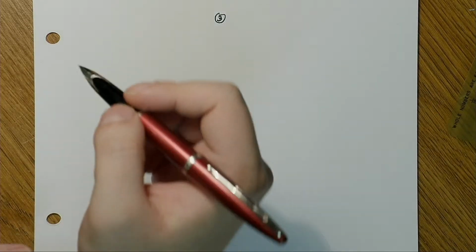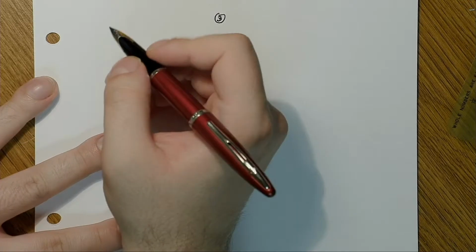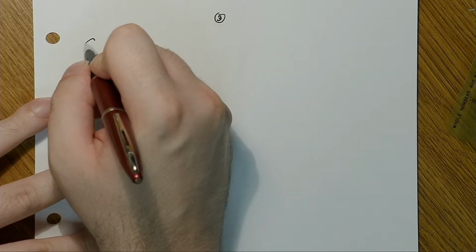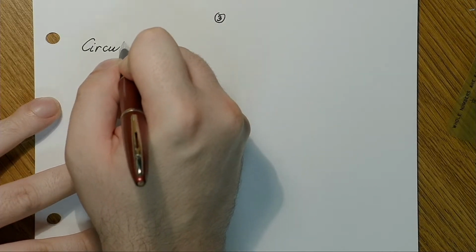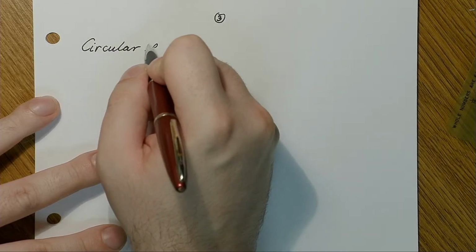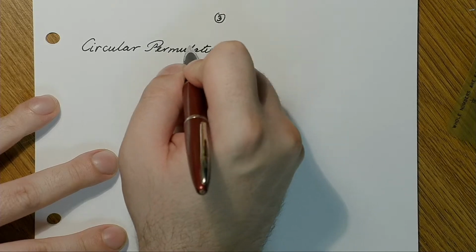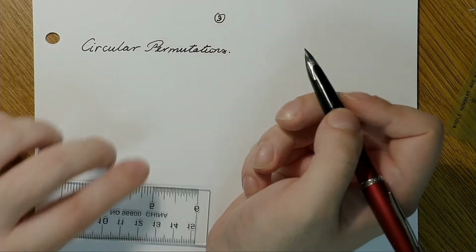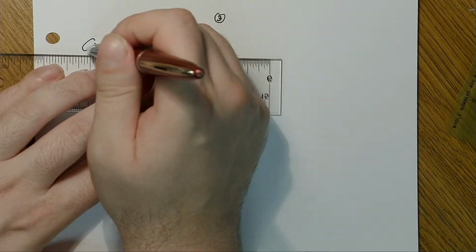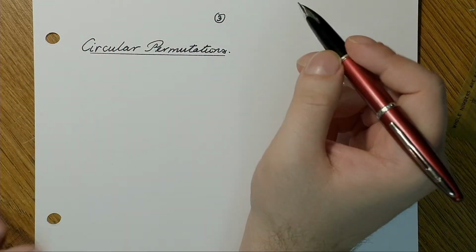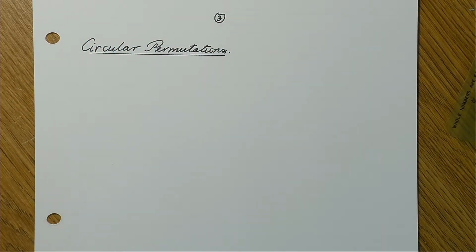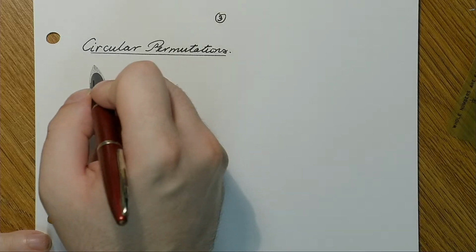Now this is something that we call circular permutations. So it kind of goes along the lines of 6 people are invited to a dinner party and they're seated around a circular table. So there's 6 people.